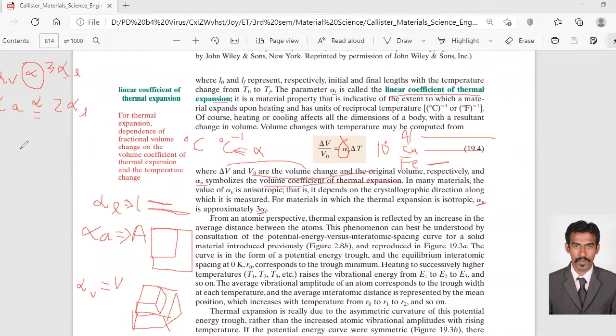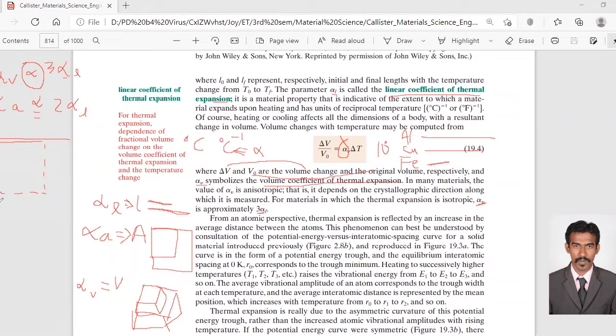Let's see how that is. Say you have a length here, and you heat it and get a new length. If you have an area and you heat it, along this length the length will increase, and along this length also the length will increase.